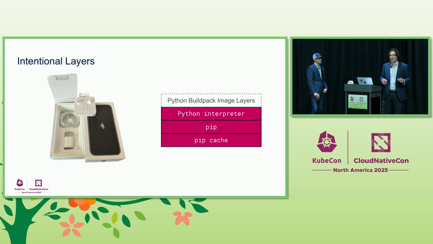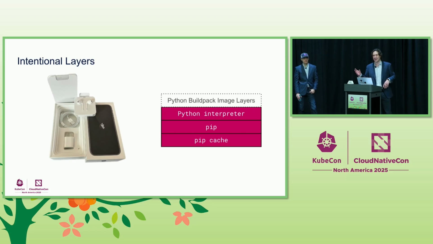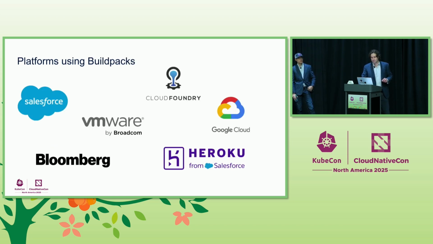You used to have headphones, and it was all neatly organized inside this little box. As opposed to when you buy something on Amazon and they just kind of throw everything in there. It's the wrong size box, kind of rattles around a little bit. It's not very intentional. So Buildpacks brings this standardization, and this logical mapping from components to layers is really a key to unlocking developer productivity. And I'm going to get into that in a moment.